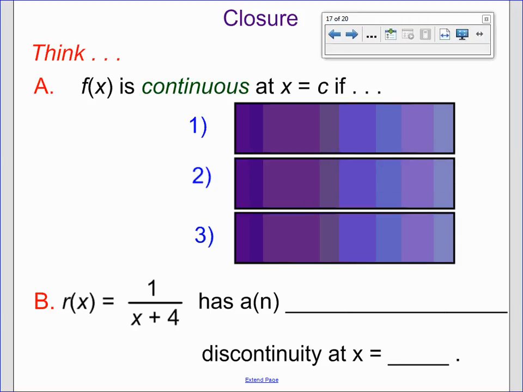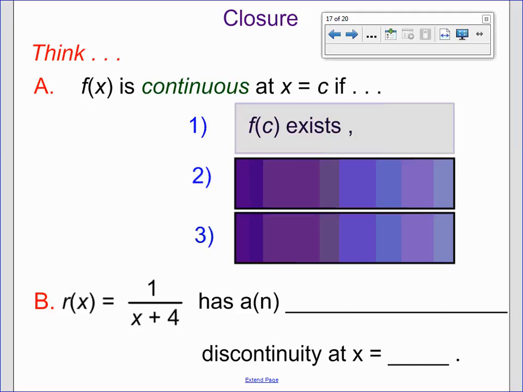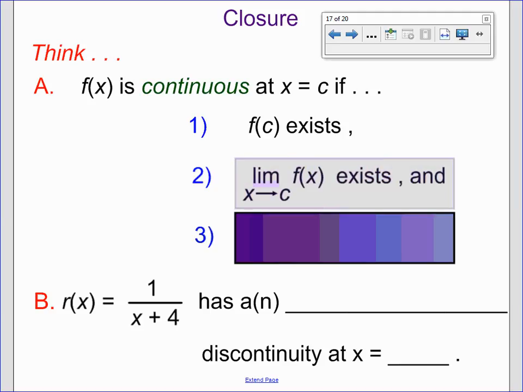F is continuous at x equals c if my function exists, my overall limit exists, and the third and most important requirement, go ahead and tell the class when I call on you.